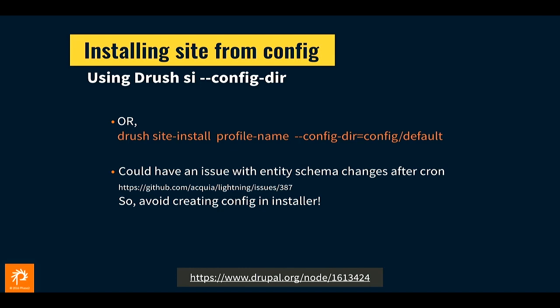But I actually reproduced this with the standard profile because standard installs like the page content type, right, and the article content type. So if you just do a drush site install of standard, export the config, and then try to use this on a fresh site to install standard, then run cron, go to the status page, you'll see all of these schema changes. So it's actually a bug in Core, but they're fixing it, and they're fixing it through that patch I just showed you, okay? So we don't need to do this anymore.